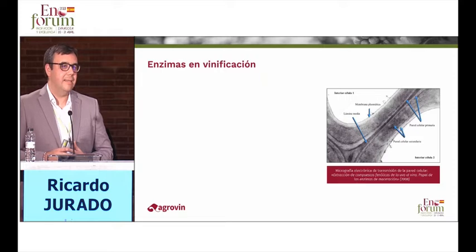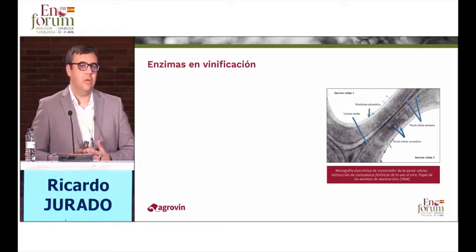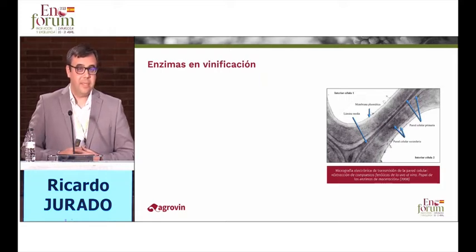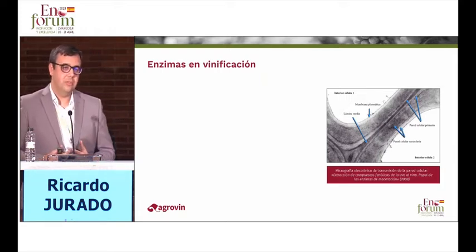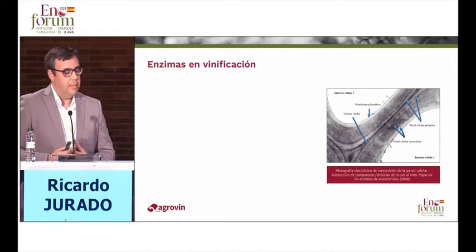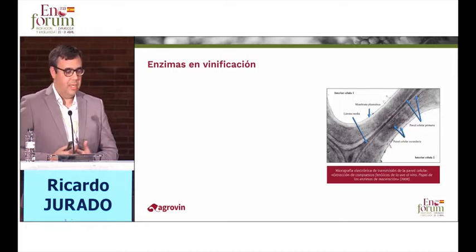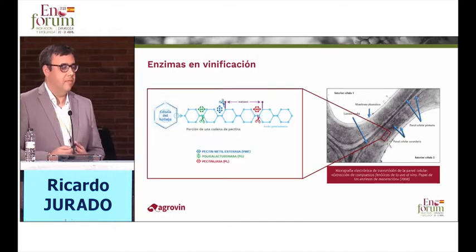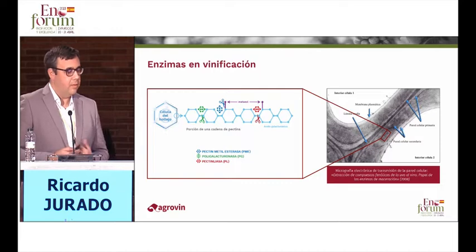It is very important to bear in mind the pectin chains, because it is a kind of cement both in the medium part and in the primary wall, which avoids the release of these compounds, phenolic compounds mainly, to the outer part of the cell.